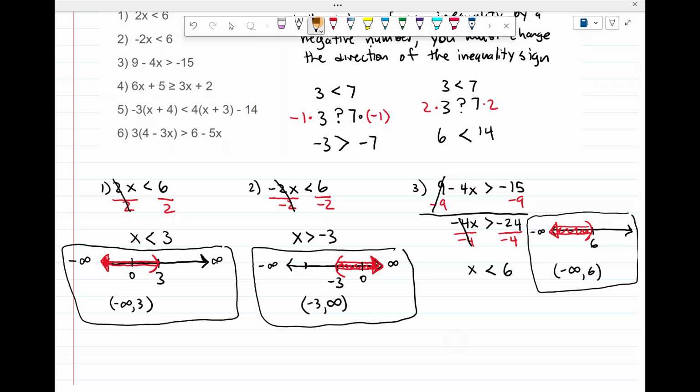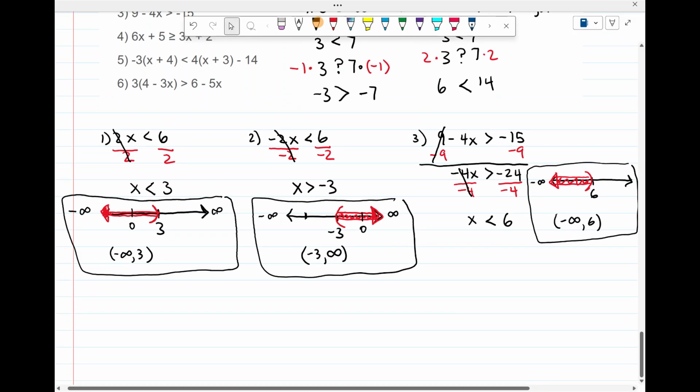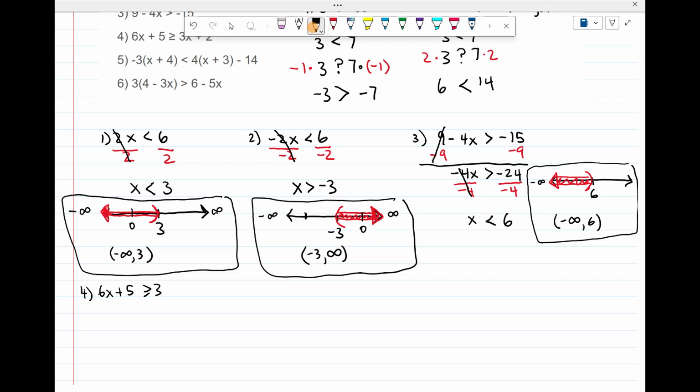Okay, let's do number 4 next. All right, here we have an interesting situation where we have variable terms and number terms on both sides of the equation. There are many options for what you do first in this scenario.